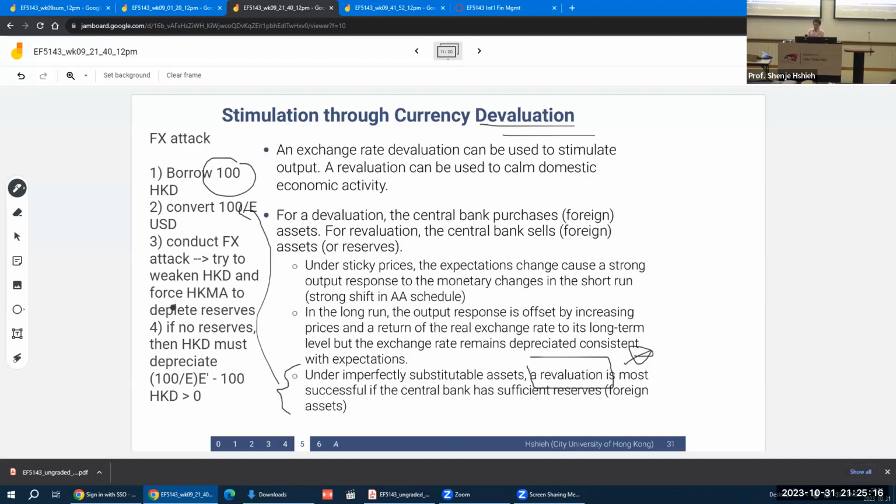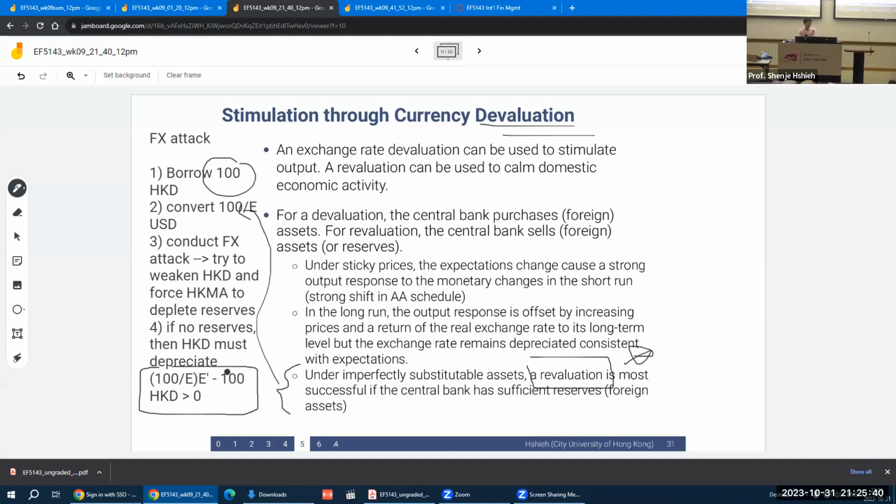Okay, so they force HKMA to deplete the reserves. Once they have no reserves, the Hong Kong dollar must depeg. In other words, depreciate, because they have no more US dollars to inject into the system, and therefore Hong Kong dollars must depeg. And their return, therefore, is the following, right? They buy it back at E prime, much cheaper.